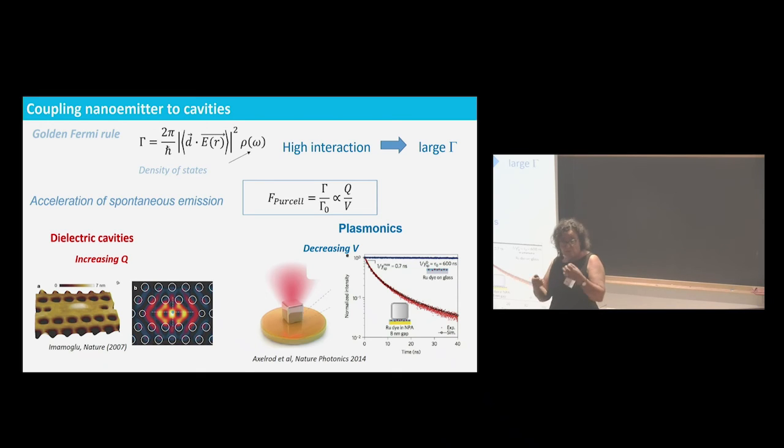And the value of the gamma is a way to evaluate the fact that you have a high interaction. That's why we are very interested in the Purcell factor, which scales as the gamma, the decay rate, so the inverse of the lifetime, in the antenna, over the decay rate that you can have in homogeneous media. And you can prove that this Purcell factor is a function of Q over V.